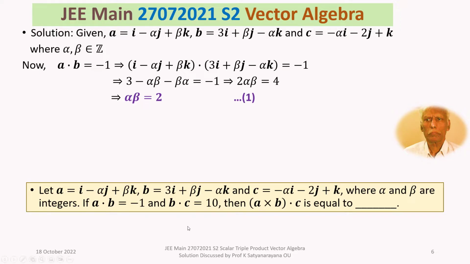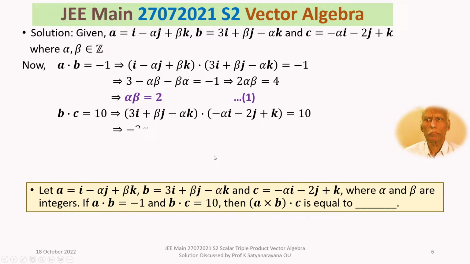We are further given B dot C is equal to 10. That implies the vector B dot the vector C is equal to 10. Take the dot product: 3 times minus alpha, minus 3 alpha, minus 2 beta, minus alpha is equal to 10.